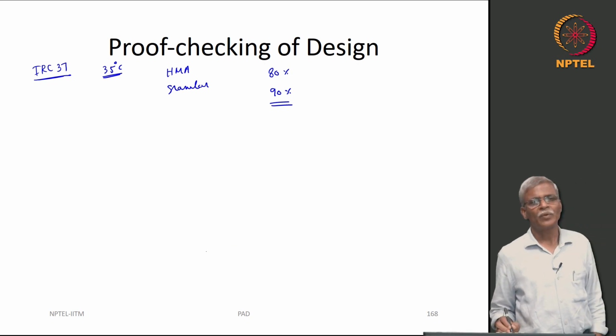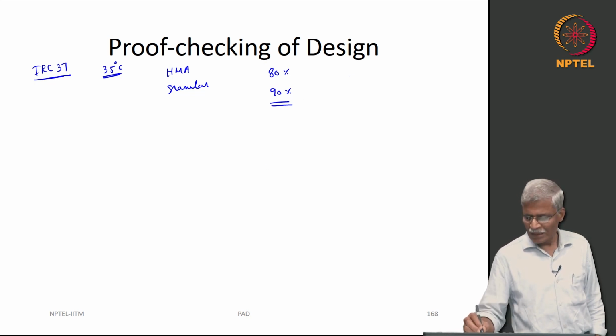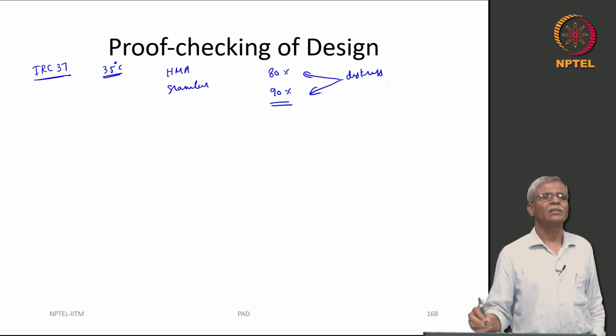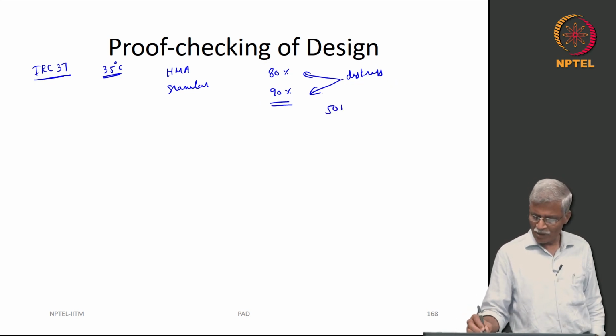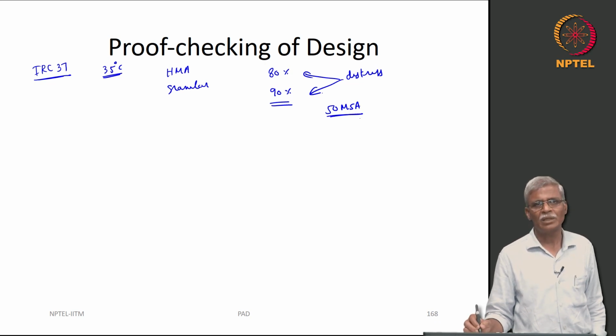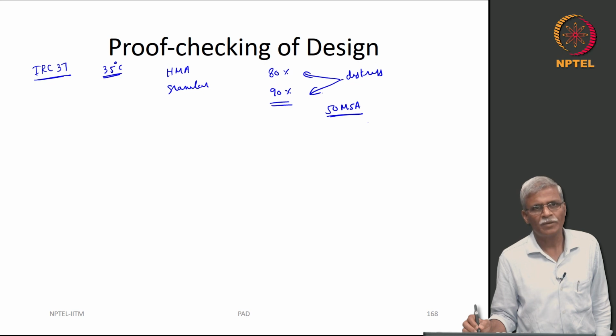Use CanPave or use IIT Pave or something like that, and check whether the distress equations for these different reliabilities that you got are satisfied, whether whatever cross section that you have, let us say, for 50 MSA can actually take 50 MSA.